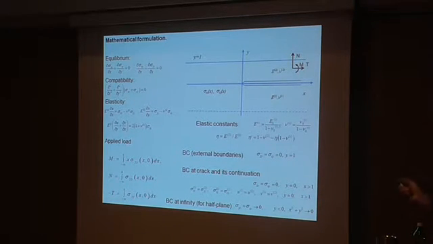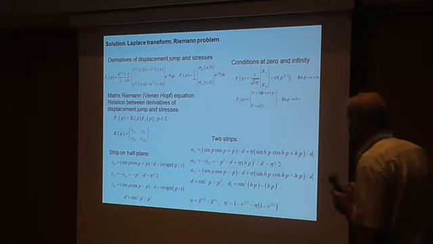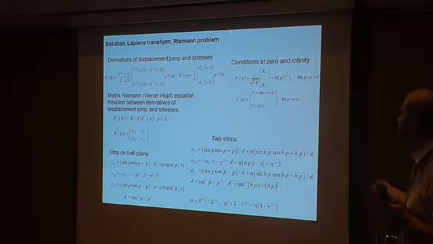Regarding the numerical formulation, I can be very brief. It is just to solve an elastic problem with a layer and another layer with different properties, or a half plane, with the usual equations of elasticity and boundary conditions. By applying the Laplace transformation, the problem is reduced to a matrix Riemann-Hilbert problem, which is solved by the Wiener-Hopf technique.